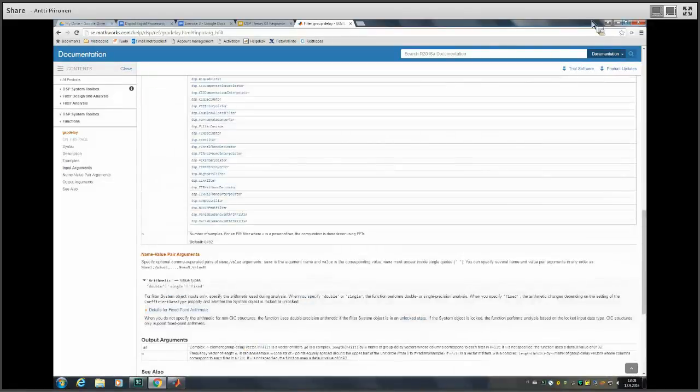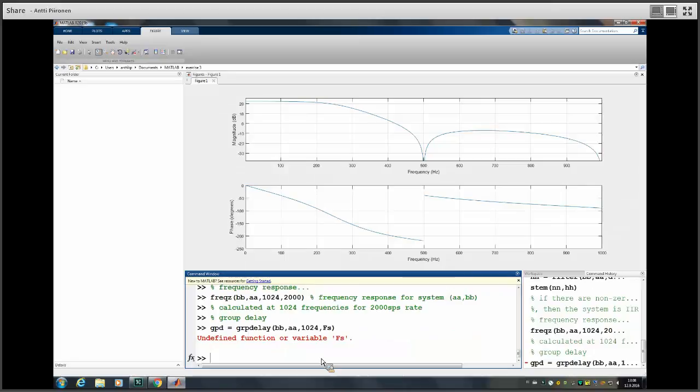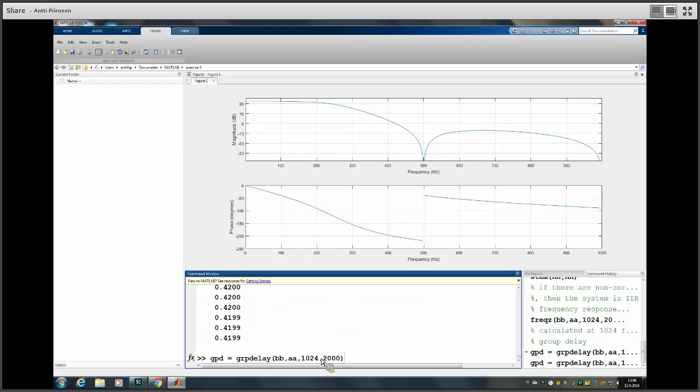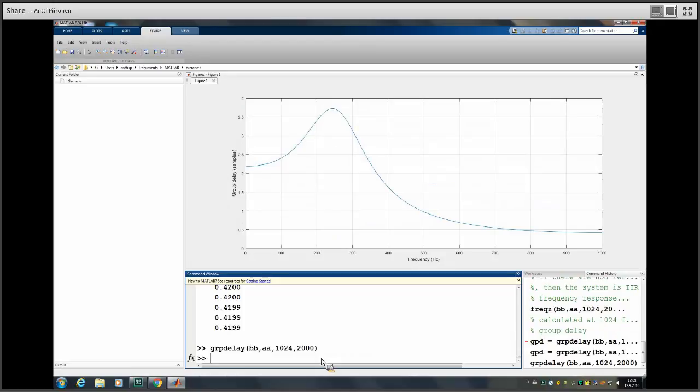Well, I'll just try it. This might not work. I'll just try to use it as the frequency response. No, sorry. Ah, it calculates. Of course it calculates. Okay, so it works also the old-fashioned way.